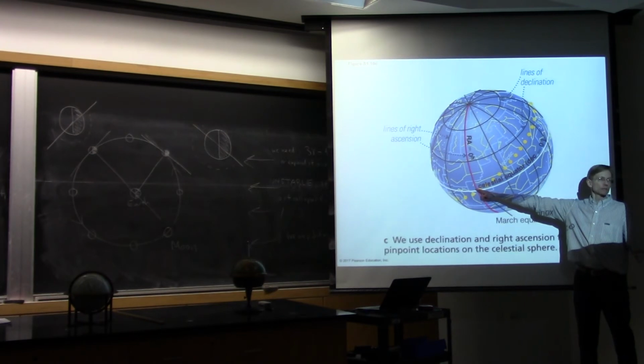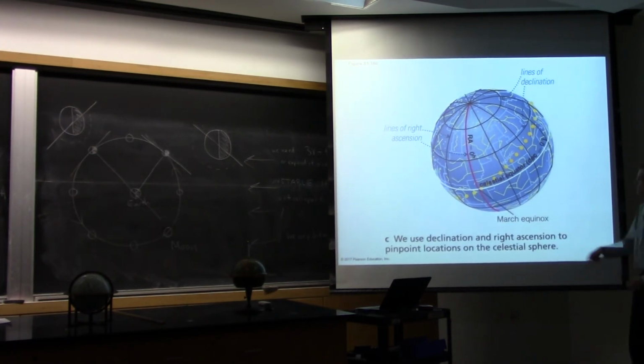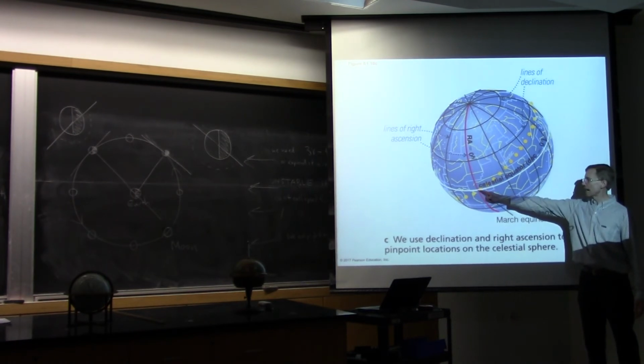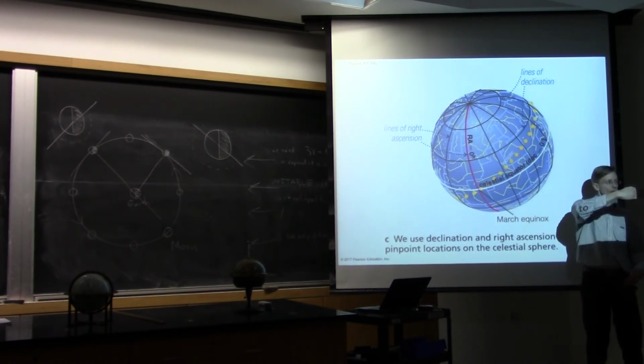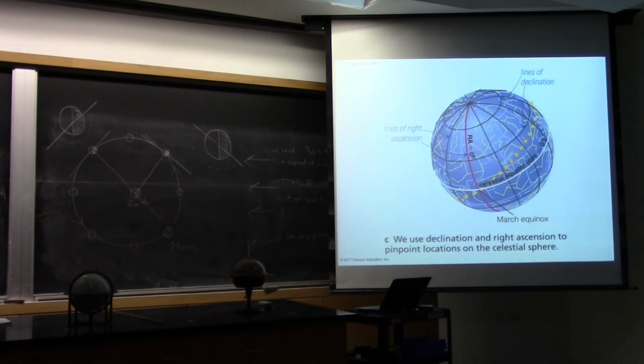We pick the March equinox to be 0 hours of right ascension, and then as we progress around, 1 hour, 2 hours, 3 hours, until you get back to 24 hours. Just like 360 degrees is back to 0 again, 24 hours of right ascension is back to 0 again.